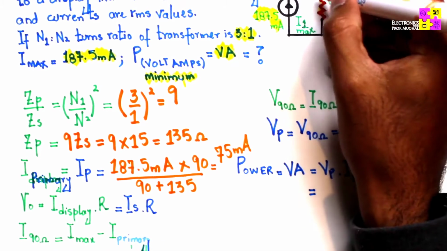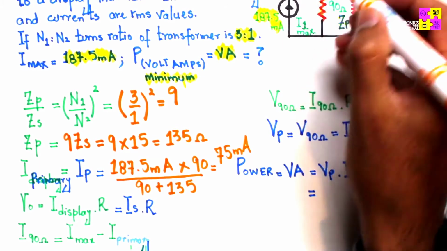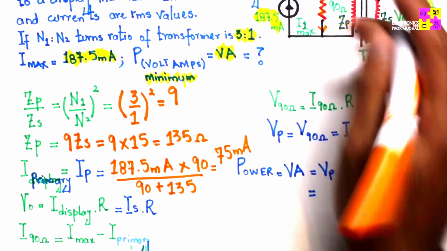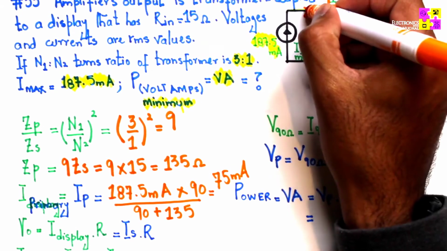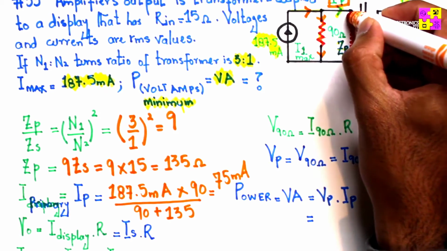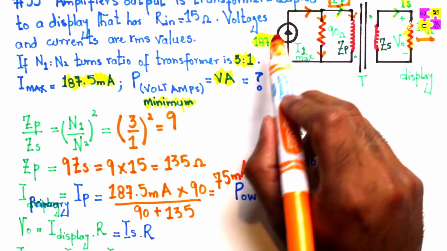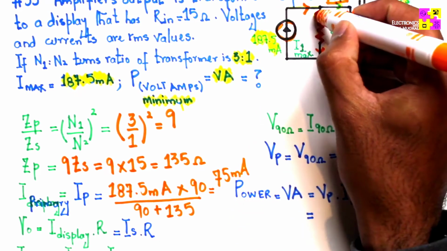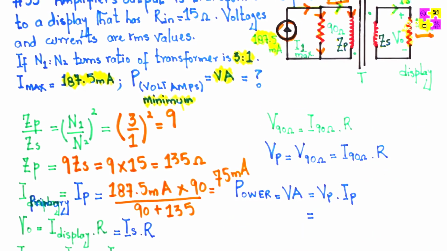Next goal is to find out how much of the current is flowing through this 90 ohm resistor, right? Because we have 187.5 milliamps coming here, and we know the current that is flowing over here. If we subtract this current from the total current, we can find the current flowing into the 90 ohm resistor.